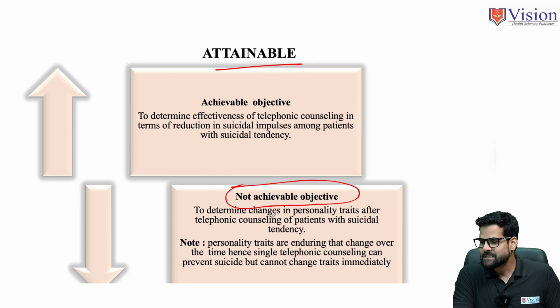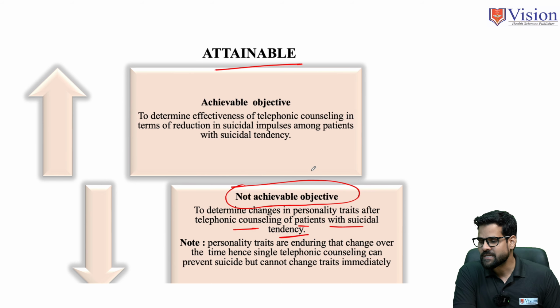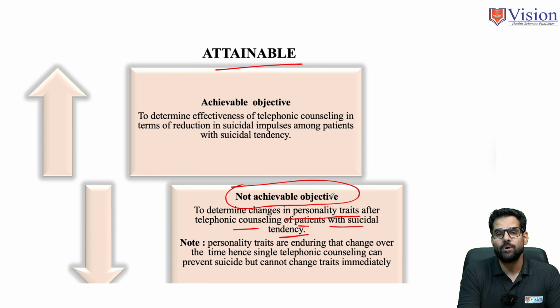To determine the change in the personality traits after telephonic counseling of the patients with suicidal tendencies. हम ये बोल रहे हैं कि after giving telephonic counseling to a patient having suicidal tendency, we expect there would be a change in their personality traits. But as you know, traits of personality are an enduring variable that cannot change with one telephonic counseling.